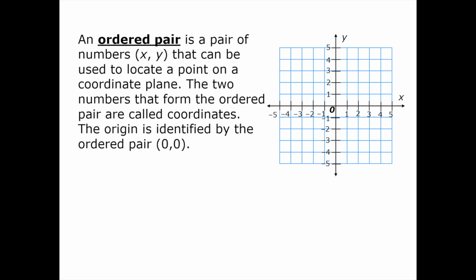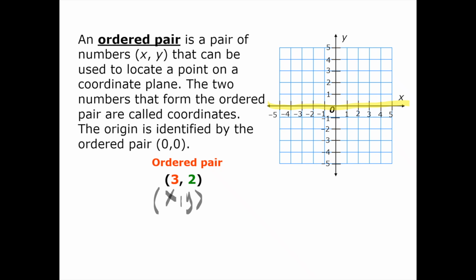Now, we talked about identifying these ordered pairs by their location. And so again, we want to make sure that we're always looking at the x value first, and that would be the value on the x-axis, followed by the y value second. So an ordered pair is identified by first its x value. Remember, the x value is where it relates to the x-axis.